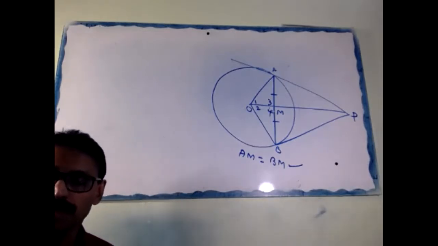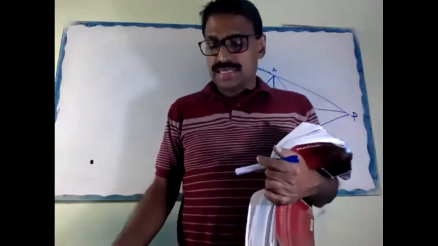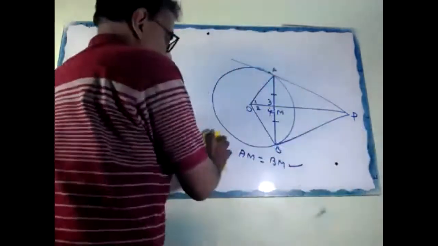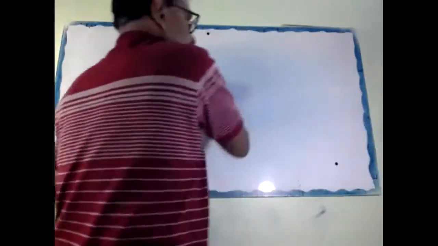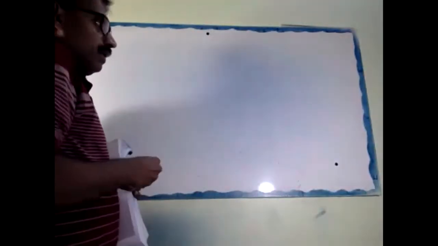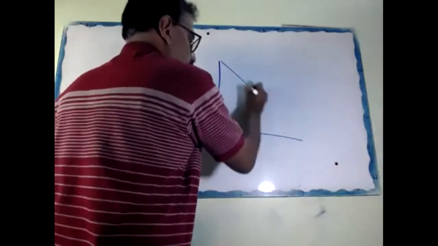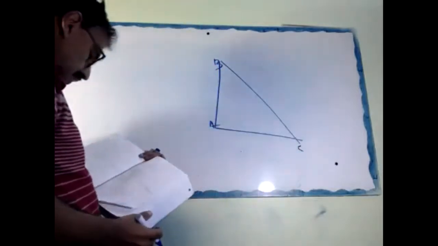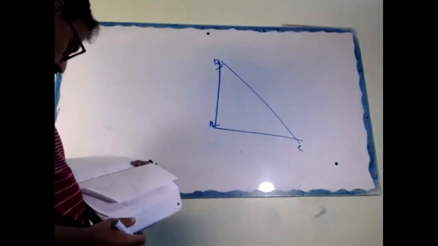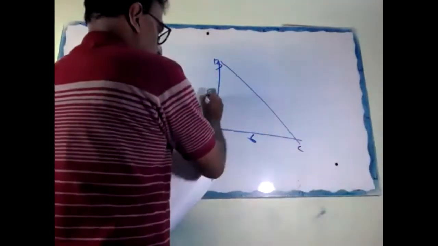Okay, look at here. You did this one in similar triangle. I asked you this question, guess. Look at here. A here, B here, C here. Here 6, 8, 10.